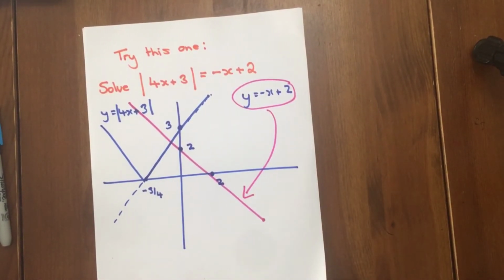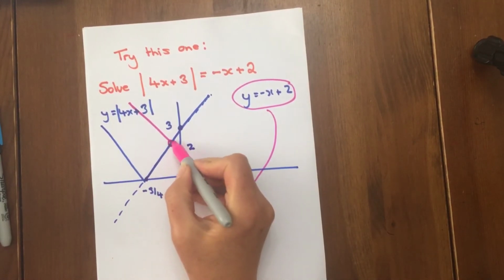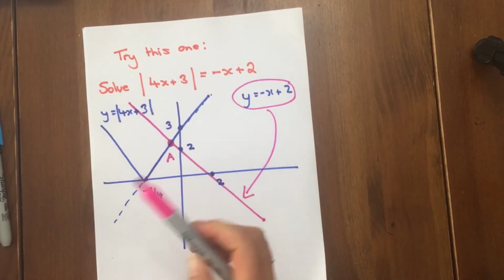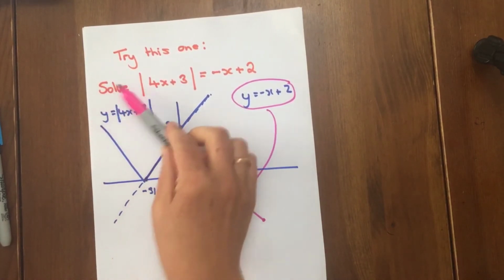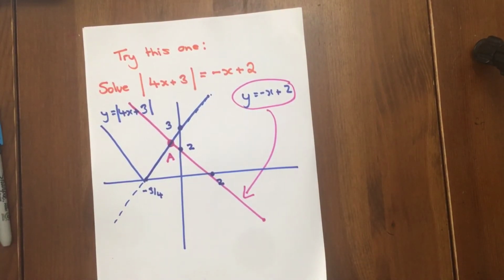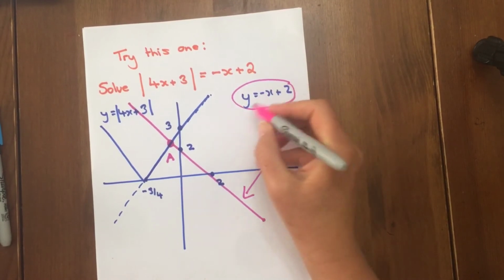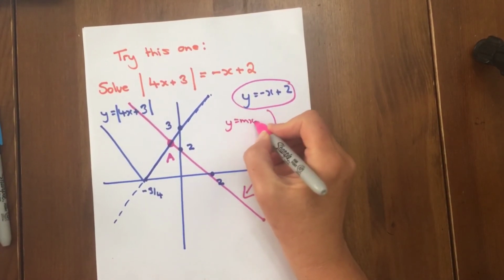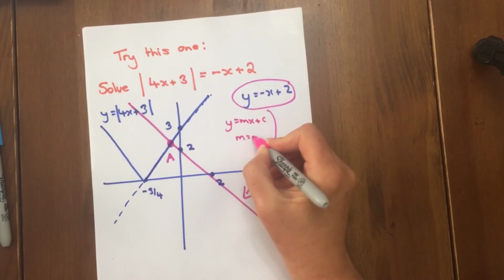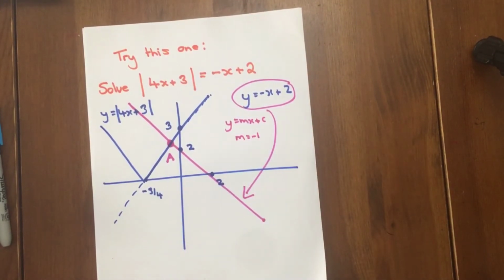Now I've definitely got one point of intersection, A. The next question is, do these two lines intersect? It's difficult to tell from the graph. So let's think about the gradients of both of these lines. If the gradients are the same, then they're parallel and they won't intersect. If we compare y equals to y equals mx plus c, we can see the gradient of the pink line is -1.